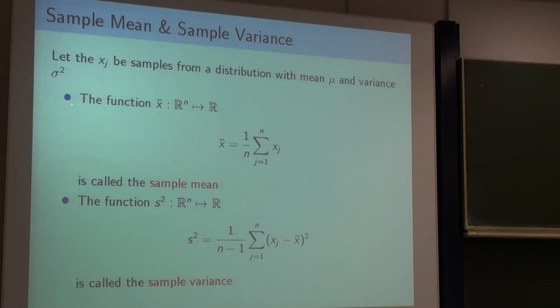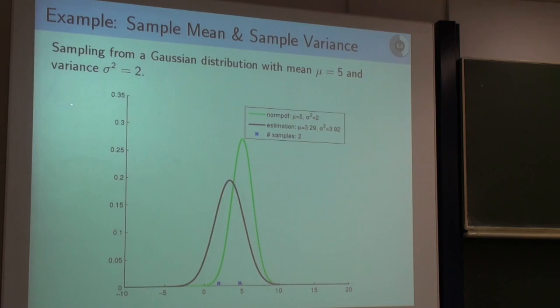And the reason is exactly because if we take 1 over n, then it's a biased estimator. It's only unbiased if we use this normalization. And this is one of your exercises, to prove that this is an unbiased estimator. Okay, now let's look at this estimation task.